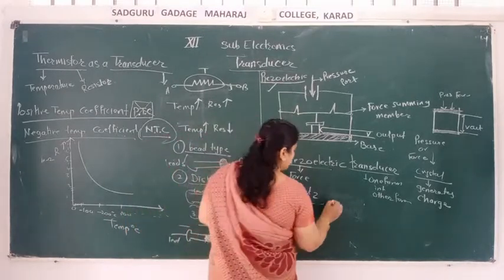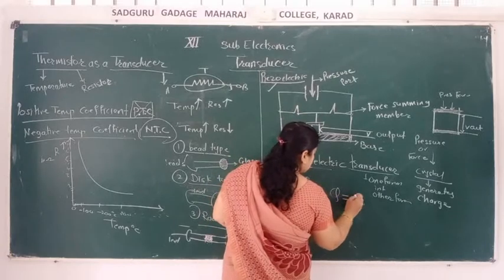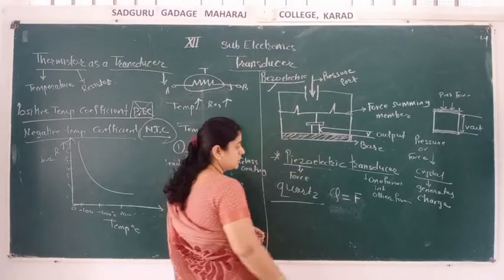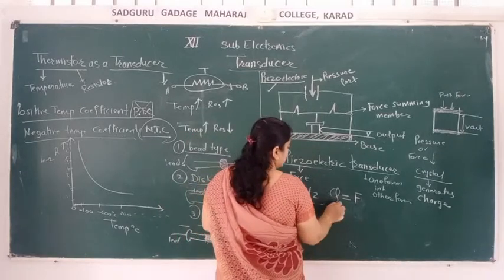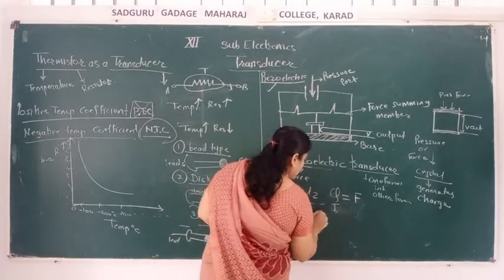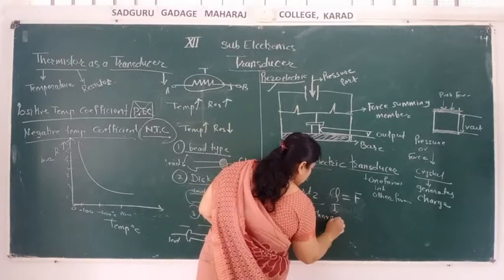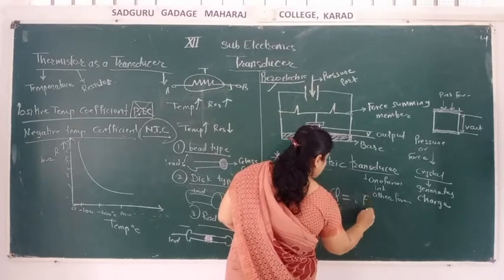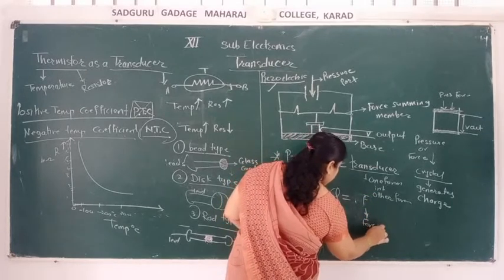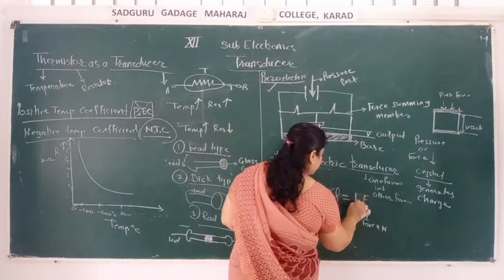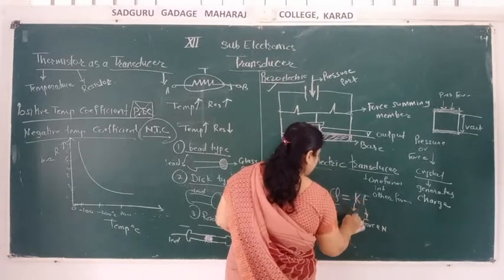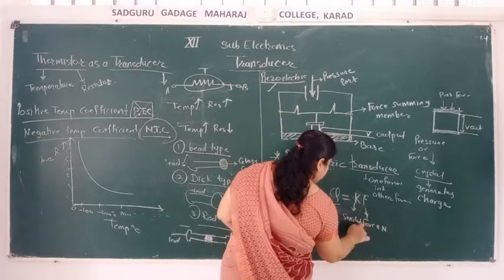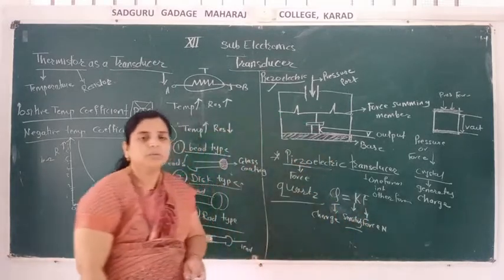Charge means Q. Q is the charge in coulomb, and this is the force, F, in newton, and suppose this is K. K is the sensitivity. Then we can write the equation Q is equal to K F.